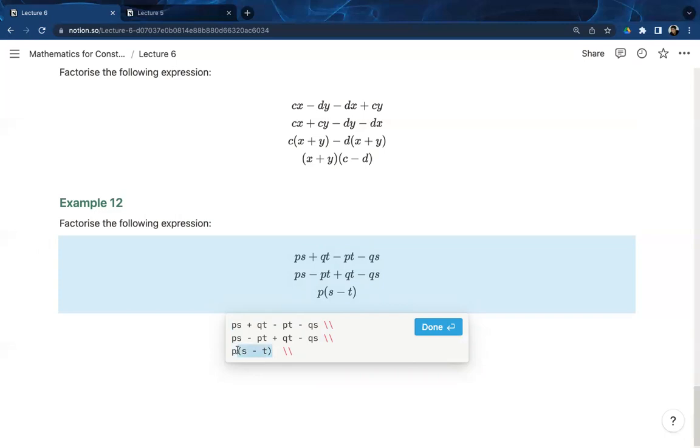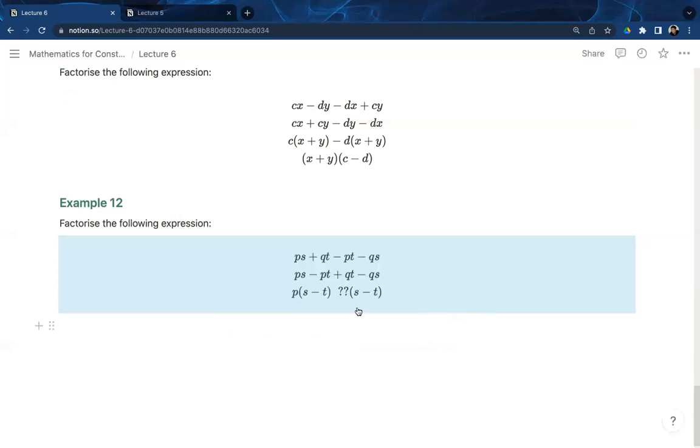I got S minus T, I'm going to write it here, question mark, S minus T. So something has to exist between these two brackets here, a sign and maybe a number or a letter. So you ask, what by S is one of these two terms here, the QS?